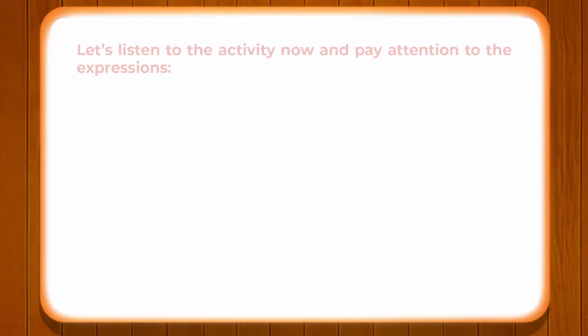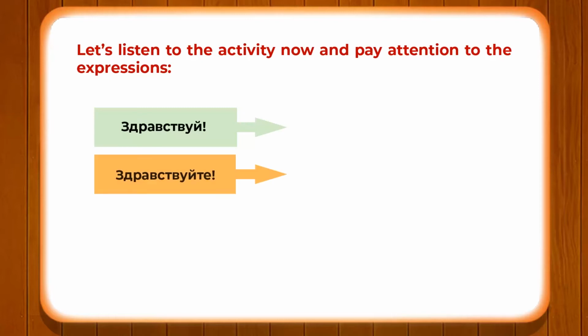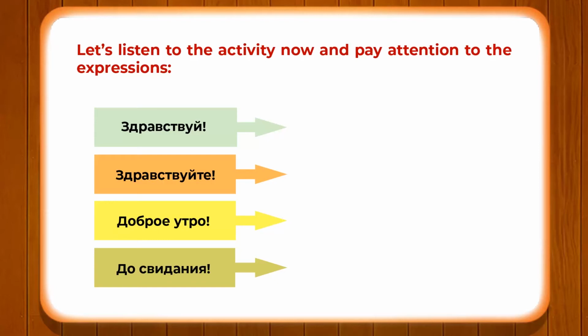But before that, let's listen to some important expressions of Russian, like the daily greetings which we use: Здравствуй, Здравствуйте, Доброе утро and До свидания. Здравствуйте is like hello, a formal hello in Russian, like namaste in Hindi.